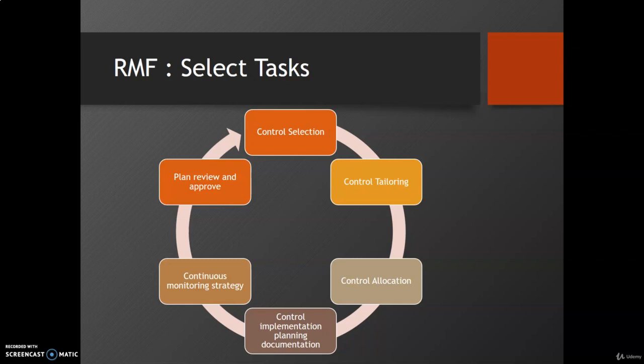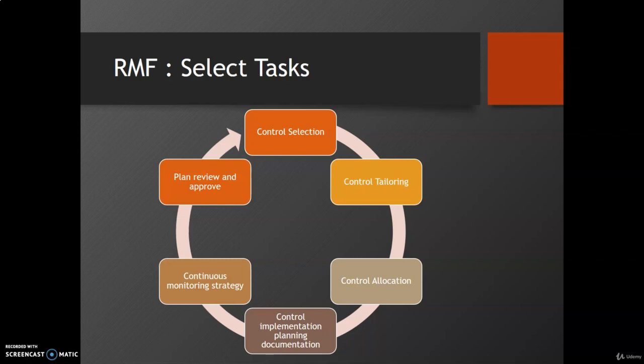Now the next is the continuous monitoring strategy. Develop and implement a system-level strategy for monitoring control effectiveness that is consistent with and supplements the organization continuous monitoring strategy. An important aspect of risk management is ongoing monitoring of control implementation within or inherited by the information system.